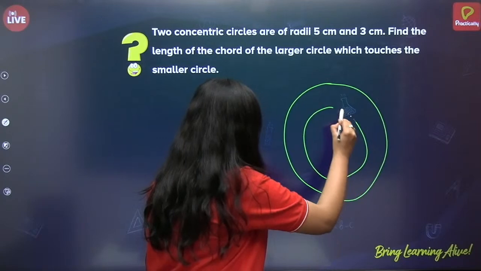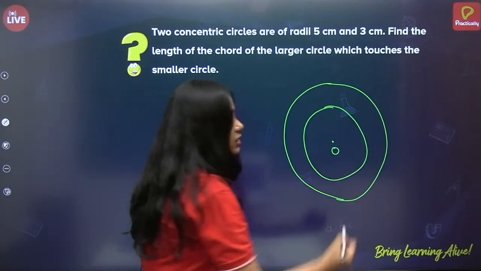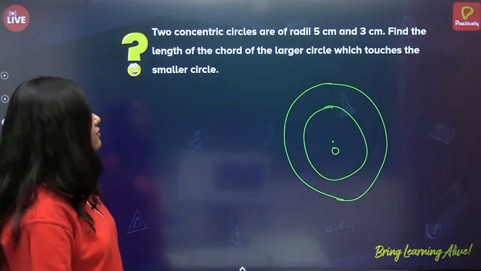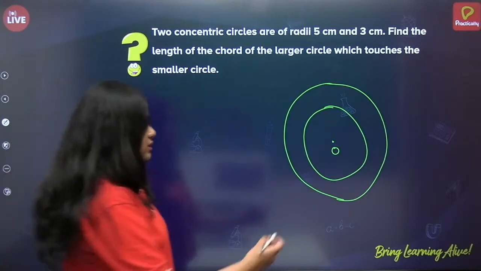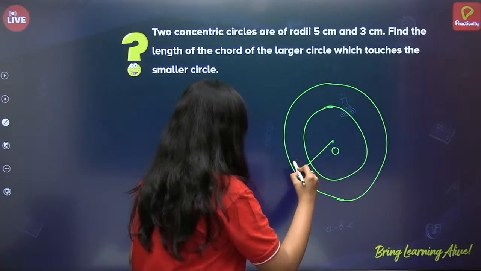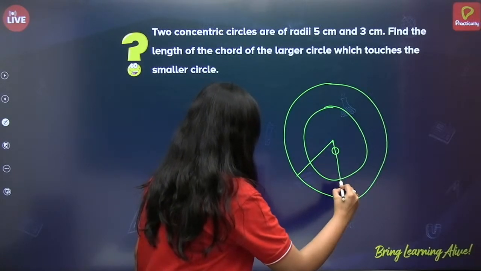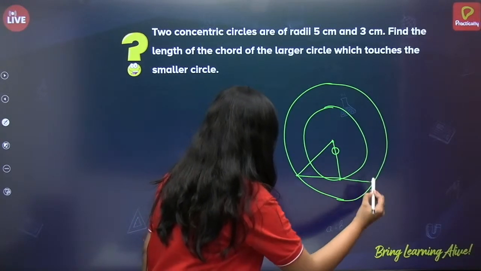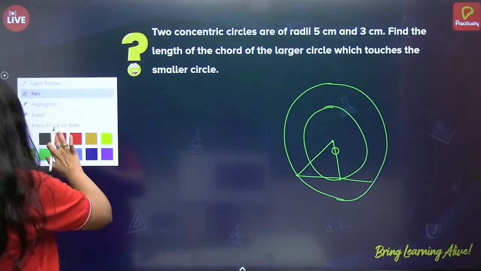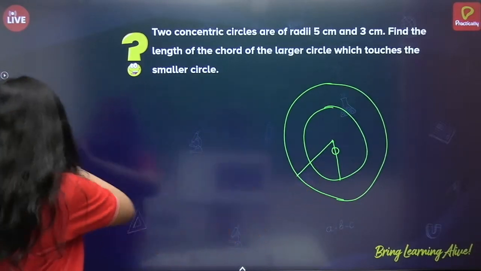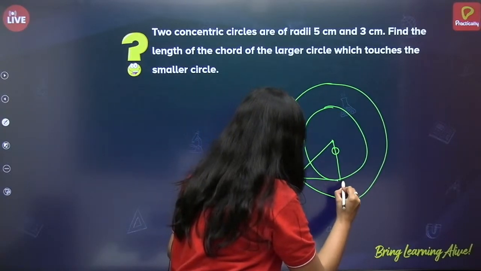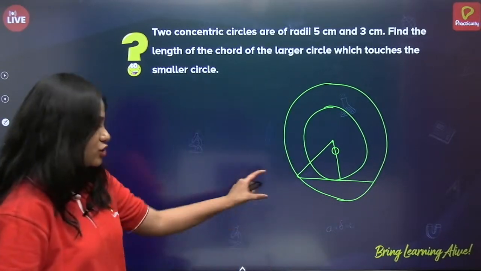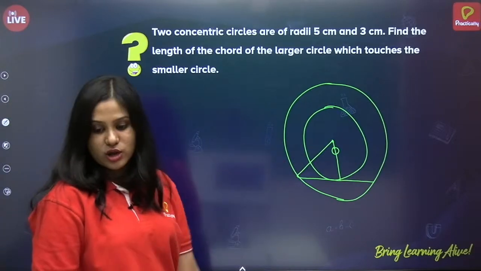So these are two concentric circles, right? What is given? The bigger one's radius is 5, the smaller one is 3. So this is 5 centimeters, this is 3 centimeters. Let me draw it properly. So this is a chord of the larger circle which is touching the smaller circle.